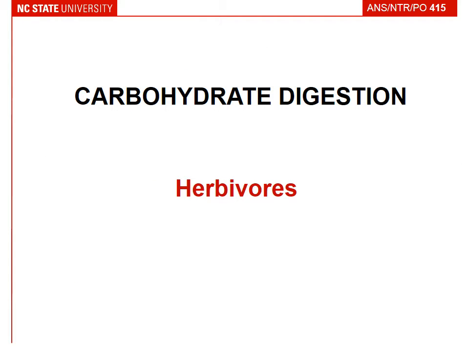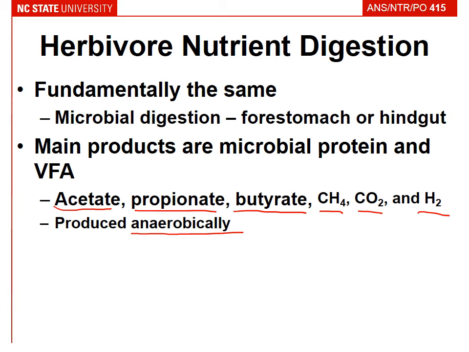So how does carbohydrate digestion differ with herbivores? Basically, not much. When the host animal has glucose or monosaccharides to absorb, if it gets to the small intestine, everything is going to be the same as our non-ruminants. The biggest difference is with our obligate herbivores. They heavily rely on microbial digestion.